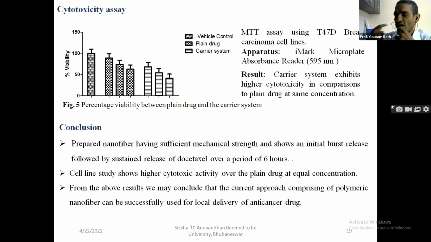Because again, we want to deliver the drug site-specifically. Here also, we selected mucoadhesive materials and made the structures adhesive to the buccal cancer site. It helps to retain the drug at the site, and it maintains an effective drug concentration over a long period of time.